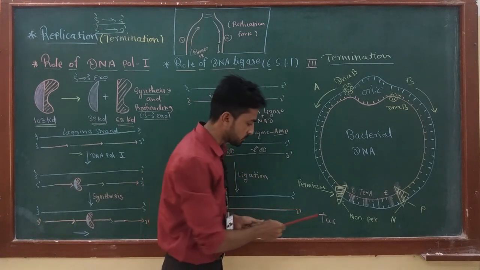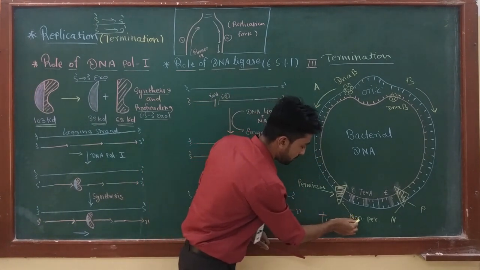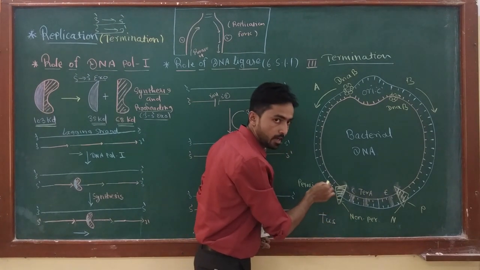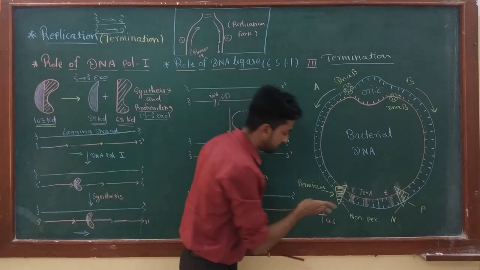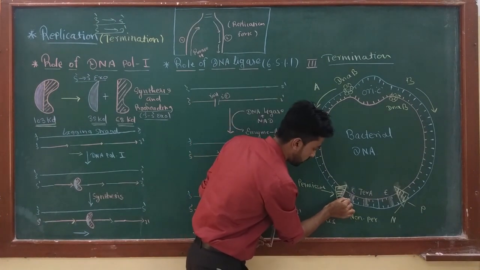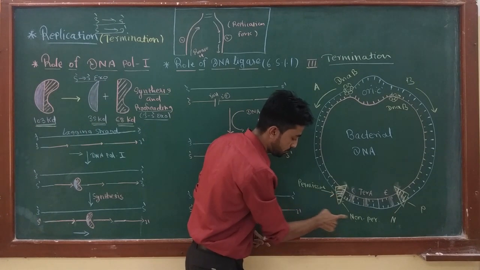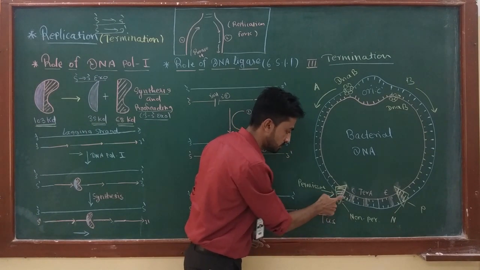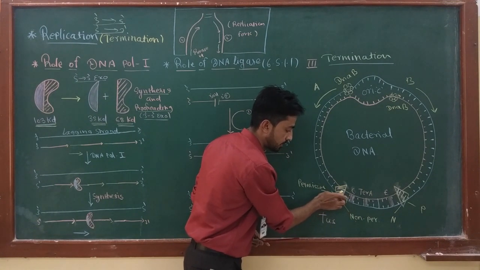How exactly does this TUS protein inhibit the movement of the fork? For example, the non-permissive site of the TUS protein has the ability to flip open the nucleotide. If this is nucleotide 1 and nucleotide 2 close to the non-permissive site of the TUS protein, the TUS protein is going to rotate these nucleotides and change their orientation like this.